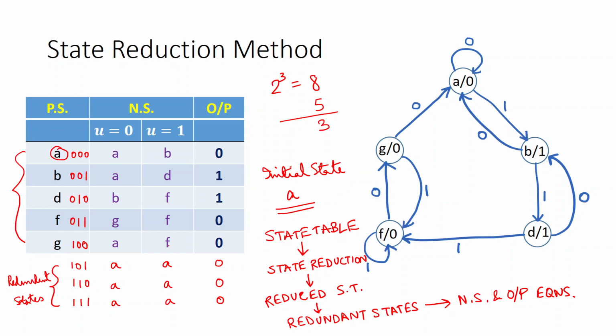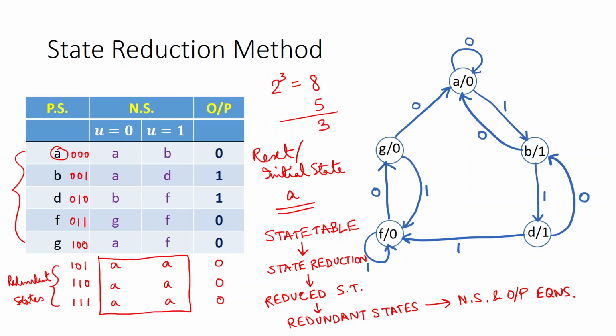So again I mentioned, this choice of the state in which you should land upon if you have come across a redundant state is entirely your own choice. But usually we fix an initial or a reset state, and in that state we go whenever we come to some of the redundant states.